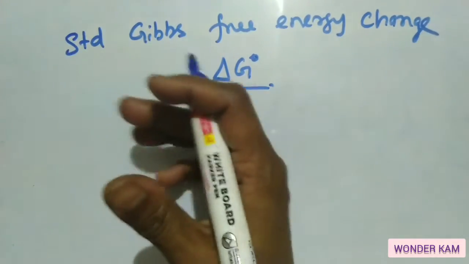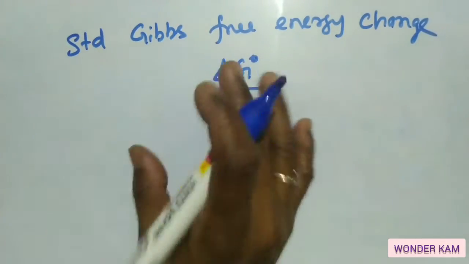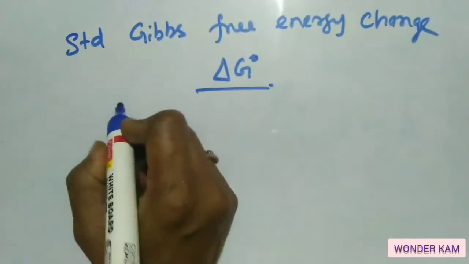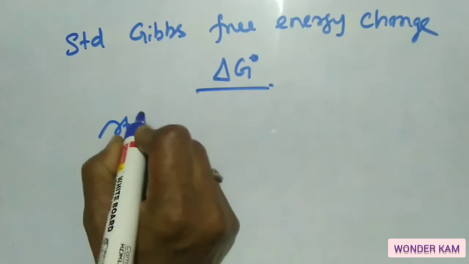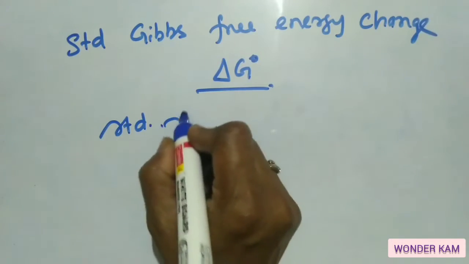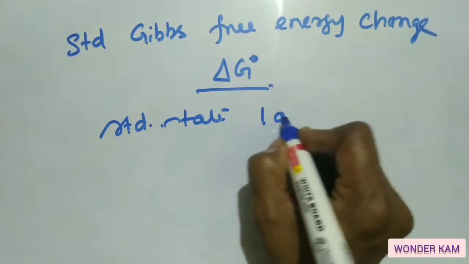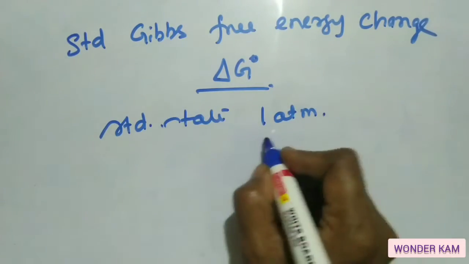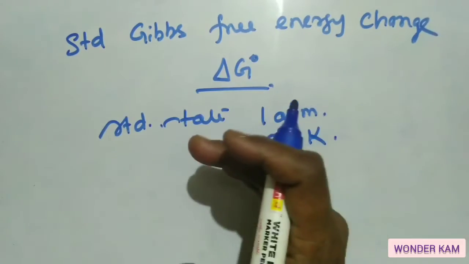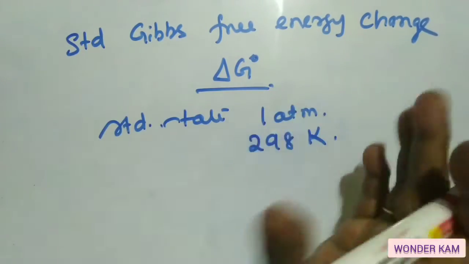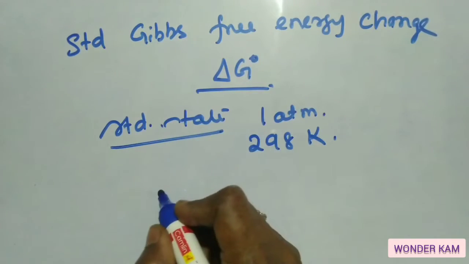This free energy change of a reaction is defined as the change in the free energy which takes place when the reactants are in their standard condition, or standard state, that we have already discussed, that is 1 atmospheric pressure and 298 Kelvin, and the reactants in their standard state are converted into the products which are also in the standard state.